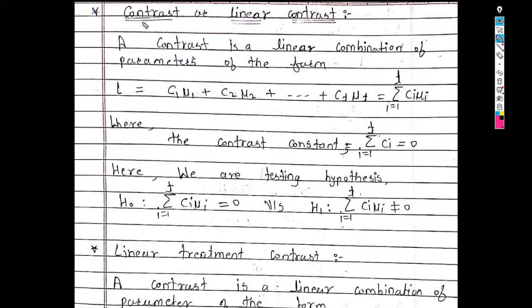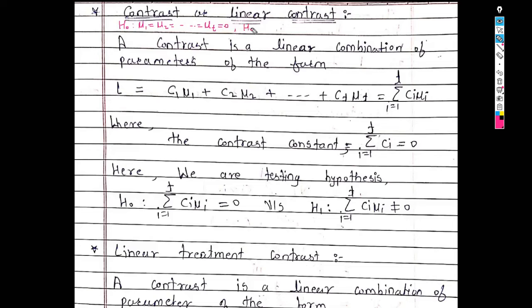So this hypothesis can be written in terms of parameters, that is H naught: mu1 equals mu2 equals up to mu t equals 0, supposing we have t treatments. Okay, so we can write the hypothesis in this way in terms of parameters.